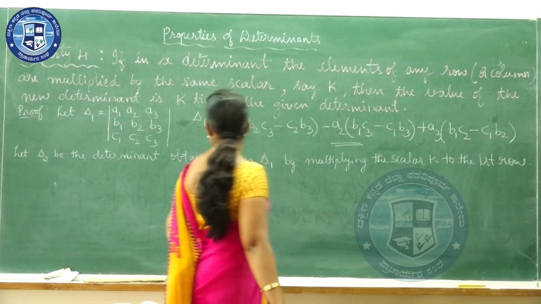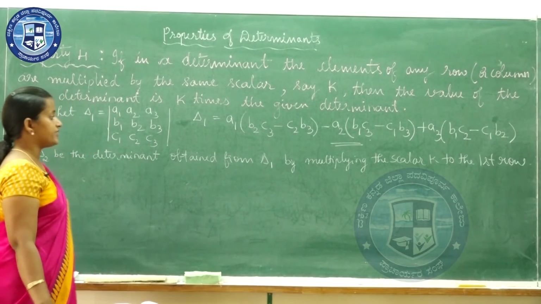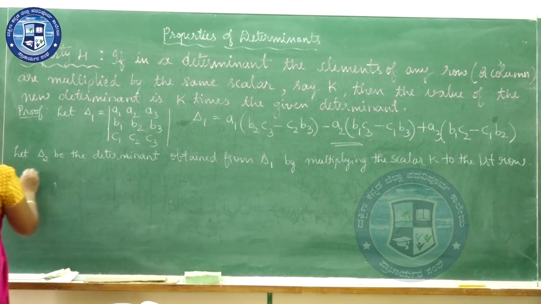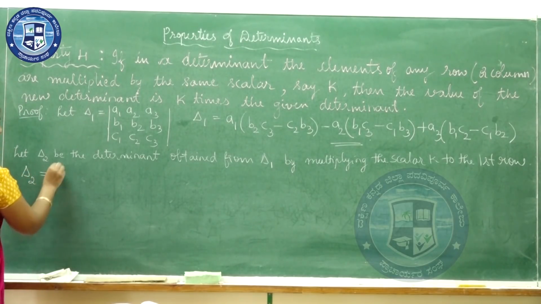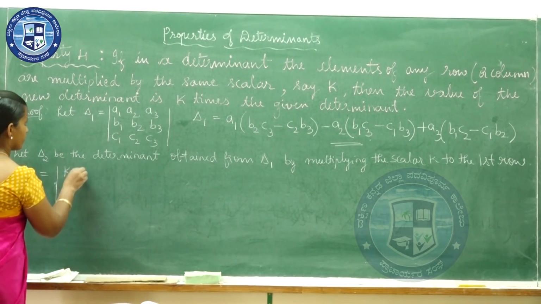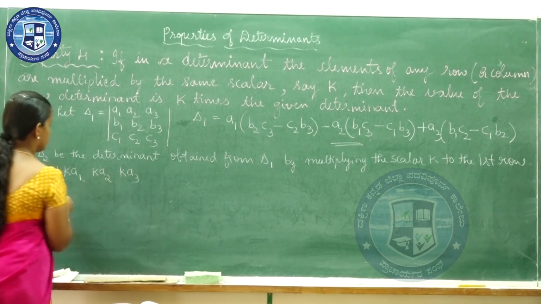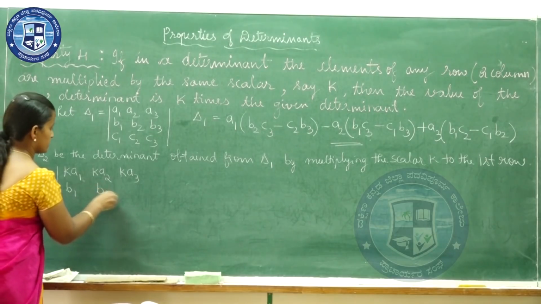Let delta 2 be the determinant obtained from delta 1 by multiplying the scalar k to the first row. So, how will be delta 2 then? It will be Ka1, Ka2, Ka3, remaining elements as it is.